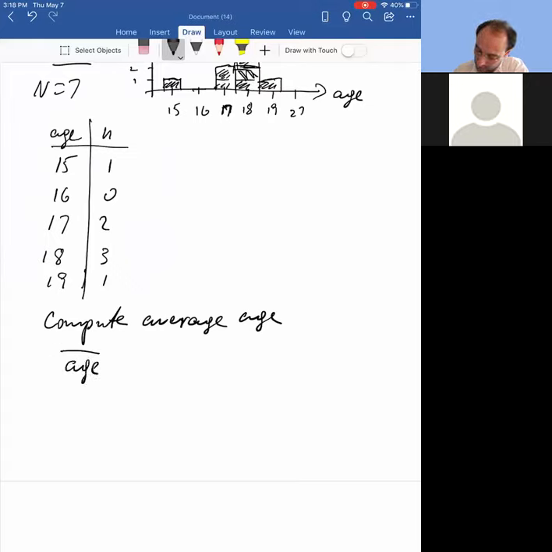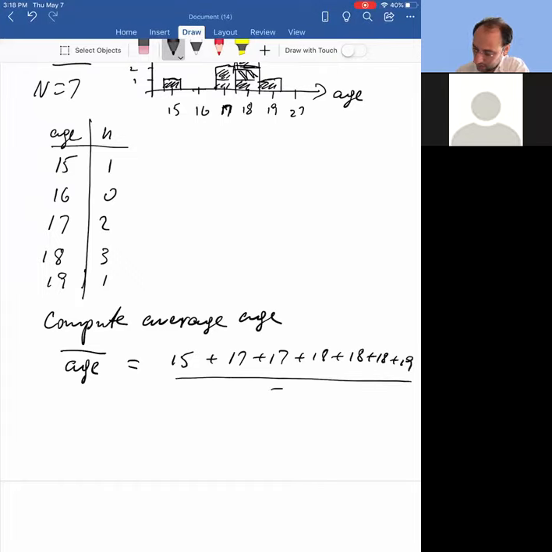Your textbook, I think, uses a bar. Okay, I will try to use that bar notation also. So it's 15 plus 17 plus 17 plus 18 plus 18 plus 18 plus 19. 1, 2, 3, 4, 5, 6, 7. All divided by 7. And we can crank it out. We can get the answer.